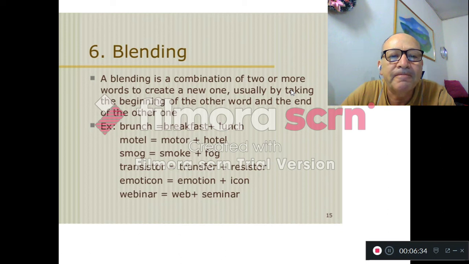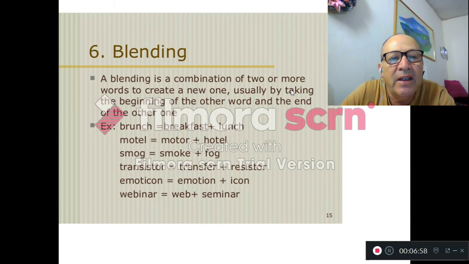Examples. We have two words here, breakfast and lunch. We're going to take one part of the first word, in this case the beginning, and the end of the second word, lunch. And now the result of this is brunch.